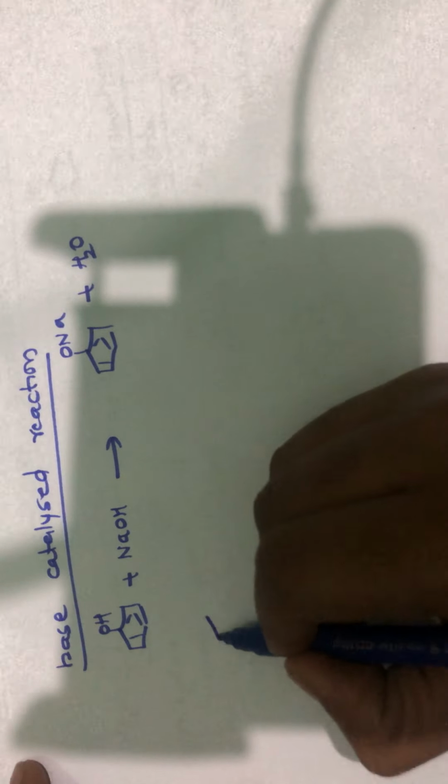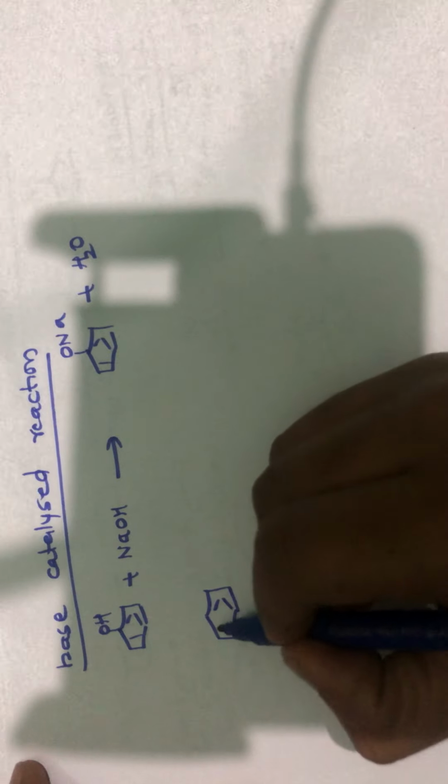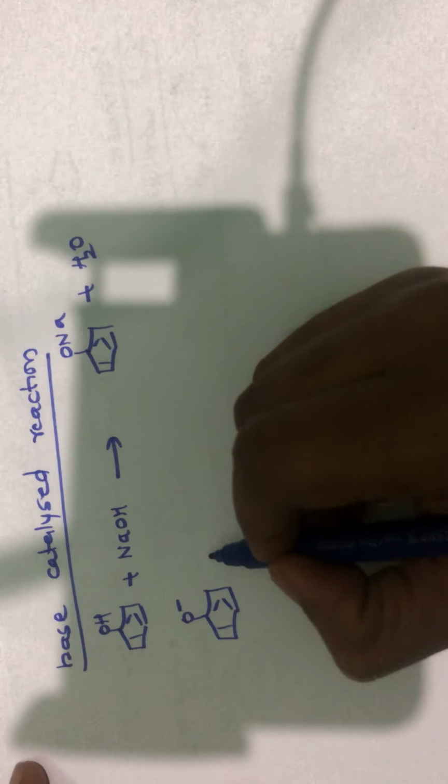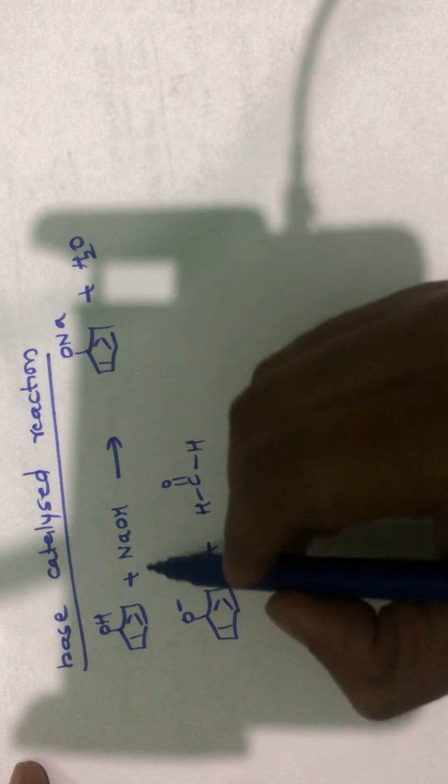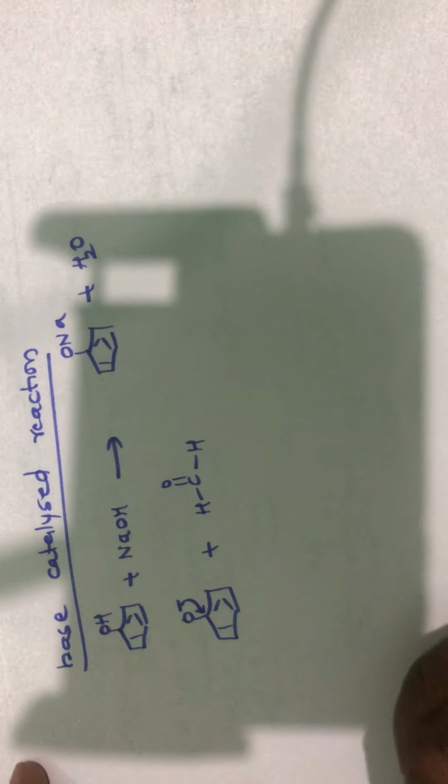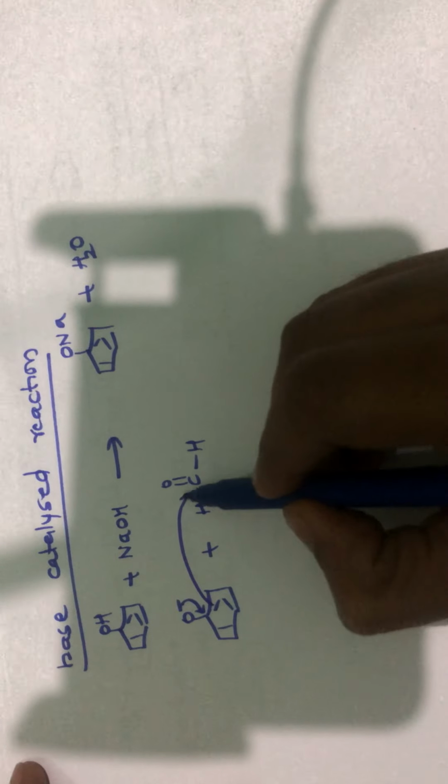Then what happens is here, phenate is formed, O minus, we have HC double bond OH, these electrons move here, attack takes place here.